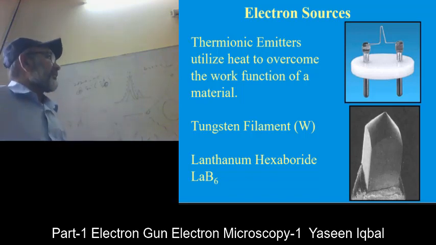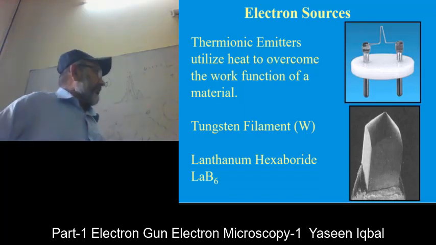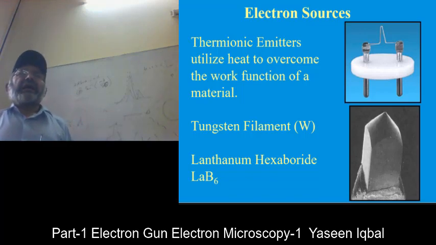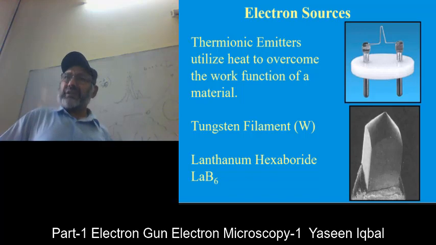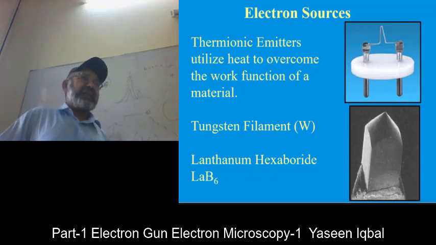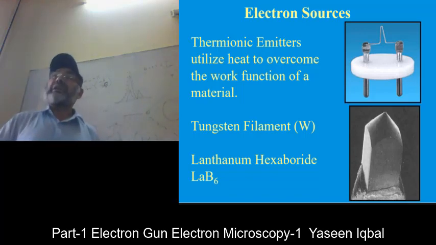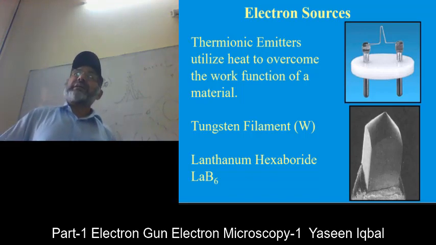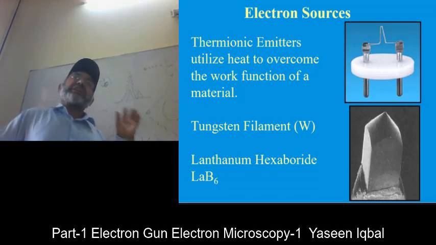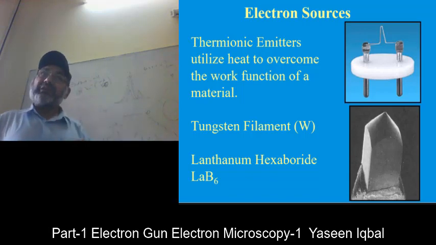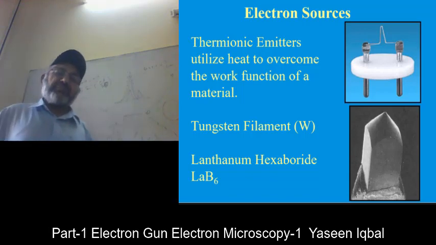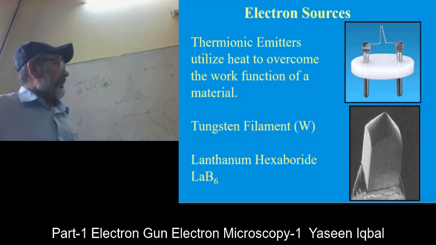So it needs heat to overcome the work function of a material. Tungsten filament is commonly used, and the tungsten melting point is about 3400 degrees centigrade. You need a very high melting point element because you are heating the tip, and it should give away electrons but not melt. That is why very high temperature electron sources are needed.